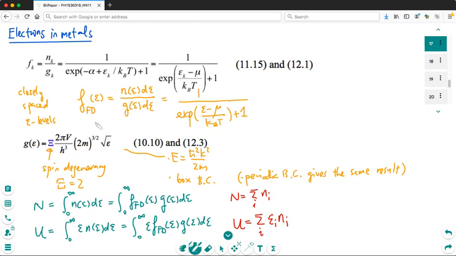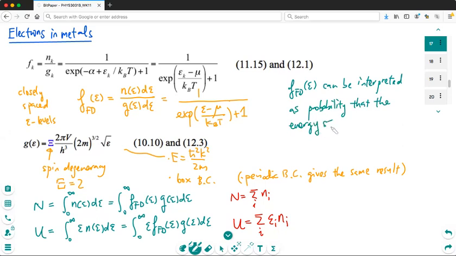This f has a nice interpretation, it can be interpreted as the probability that the energy state epsilon is occupied.